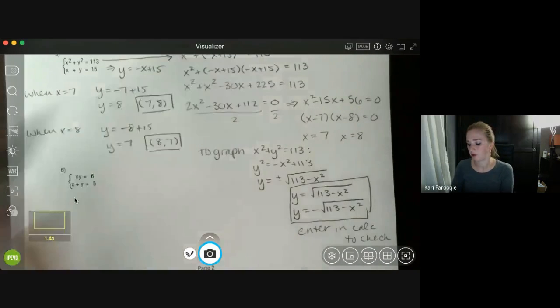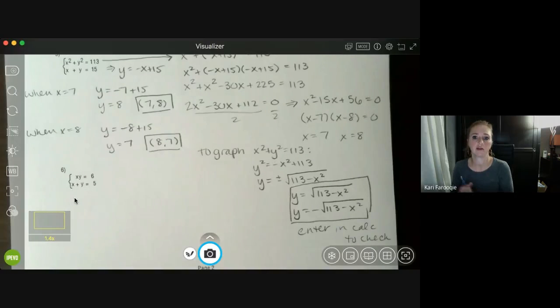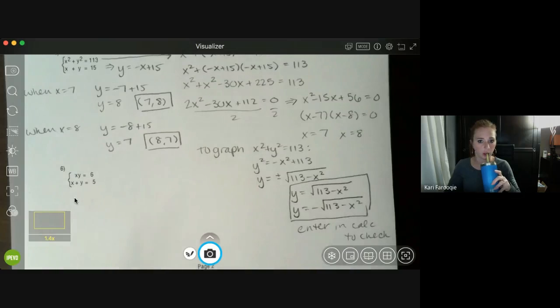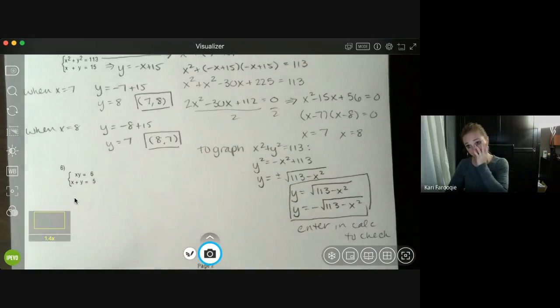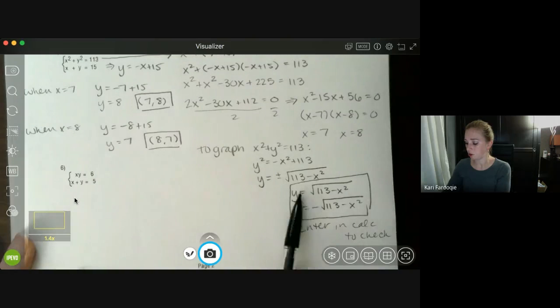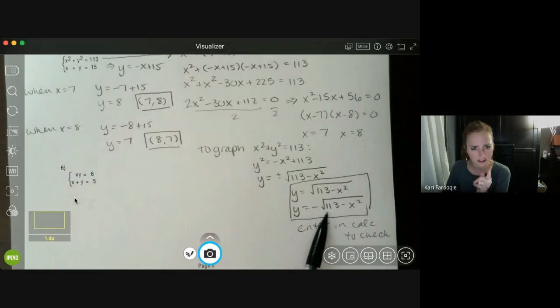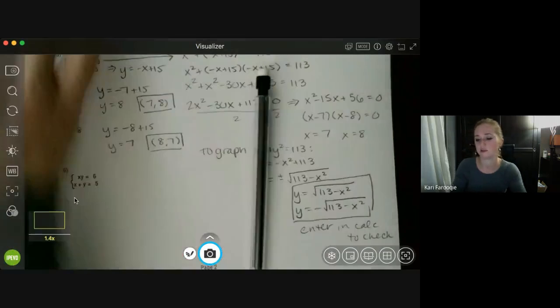You're also going to have to graph this linear equation, y equals -x plus 15. Before I move to the emulator, does anyone have a question about how I got these two functions? Okay, so to graph a circle, you're going to graph it using this function and this function. And if you're not sure why or what that means, well, you're going to see it in a second. You'll understand.